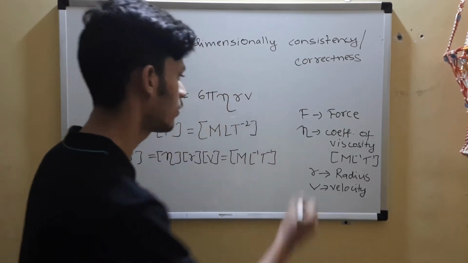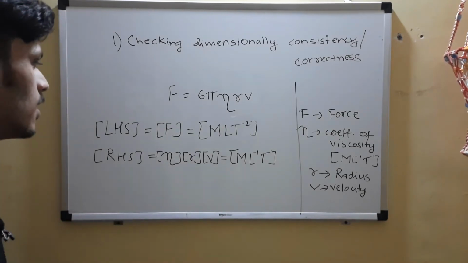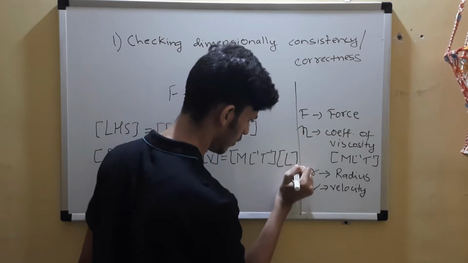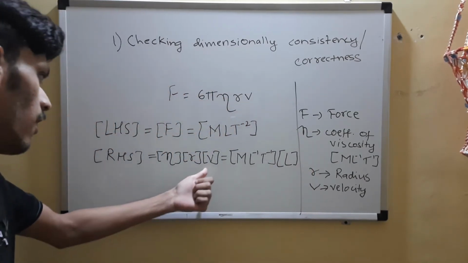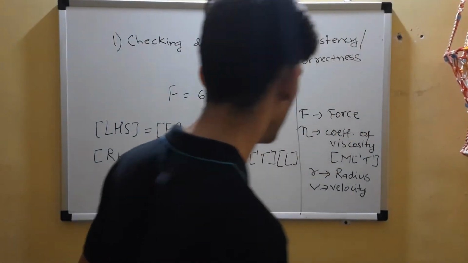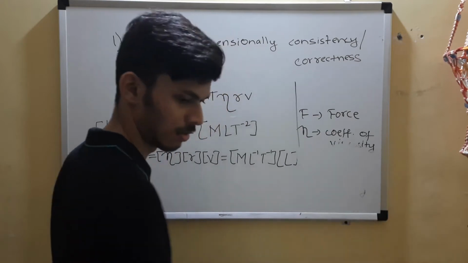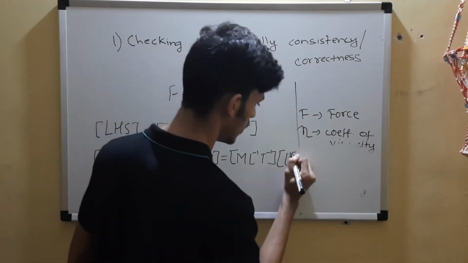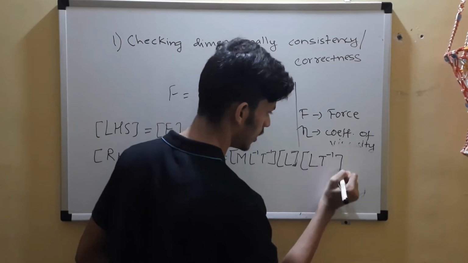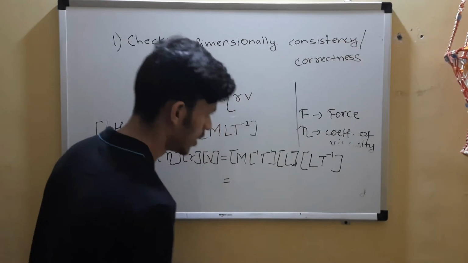Anyways, r is radius. So radius is basically a length, and then we have v. Let me create some space over there. Okay, so v was velocity, meters per second, or meter second is to minus 1. So that is the dimensional formula.